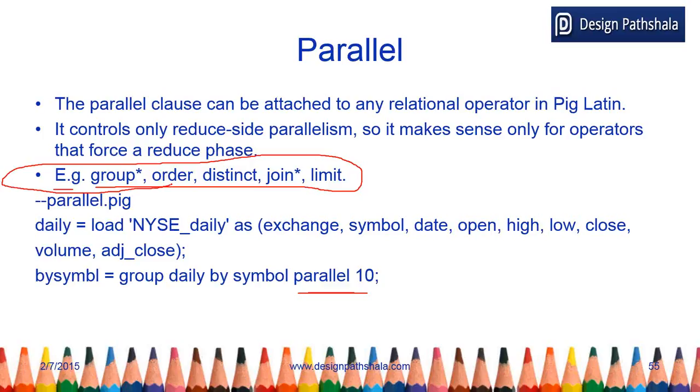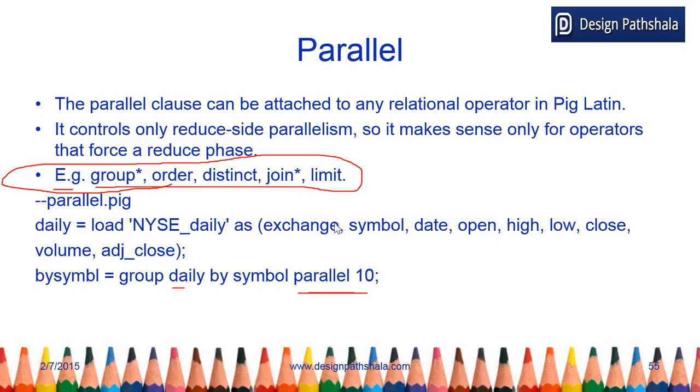The operators which run in your mapper phase would not make sense if I say parallel to them. So if I say group daily by symbol parallel 10, that would use 10 reducers to do the grouping of your daily data by symbol. So here I can define the number of reducers which will be initiated.